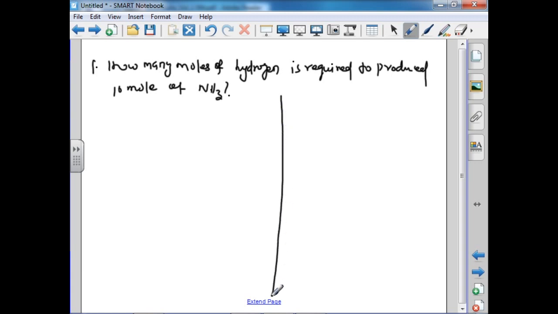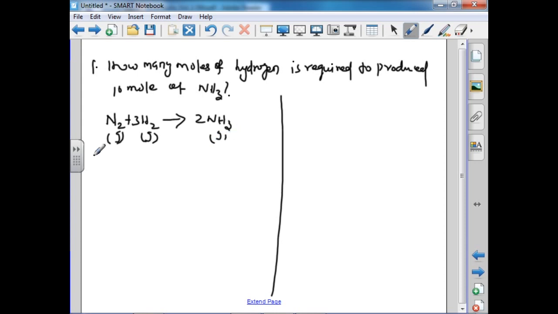So we are going to calculate the number of moles of hydrogen required to produce the 10 mole of ammonia. So the stoichiometric equation, N2 reacts with 3H2, it gives 2NH3. All the reactants and the product are in gaseous state.